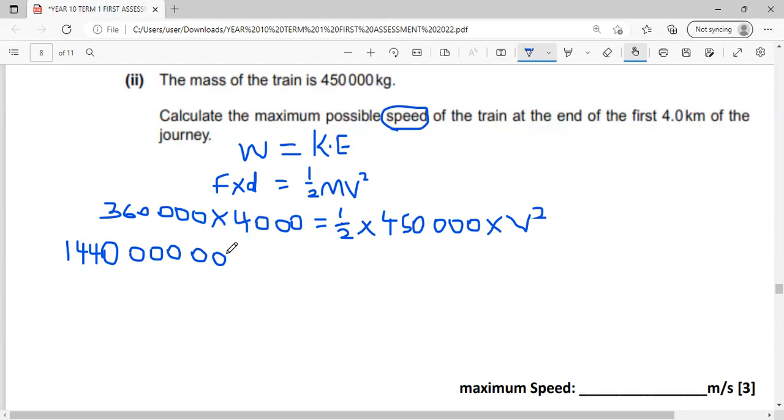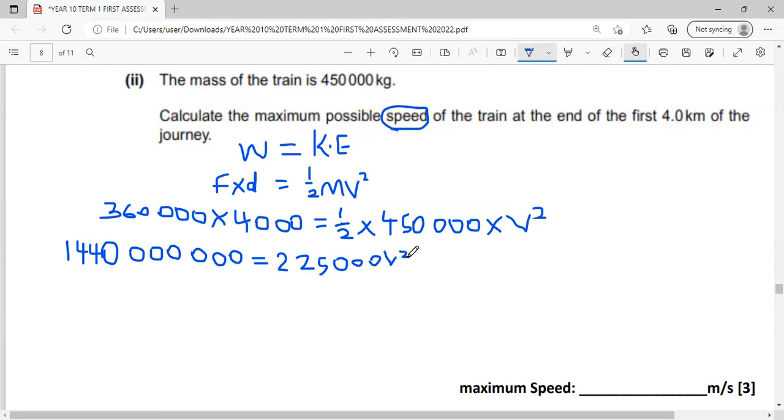Pardon my mistake. So 1,440,000,000 must be equal to half of 450,000. That will give you 225,000. So that gives you 225,000 v squared.